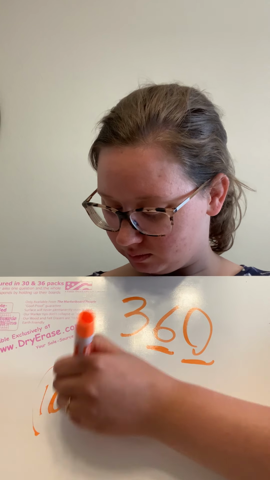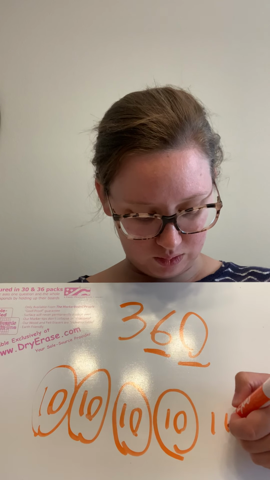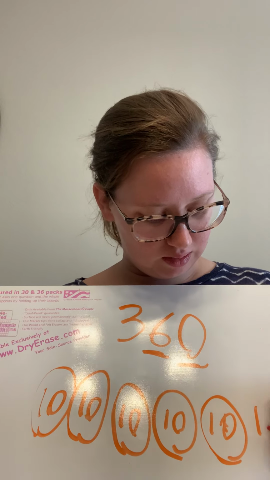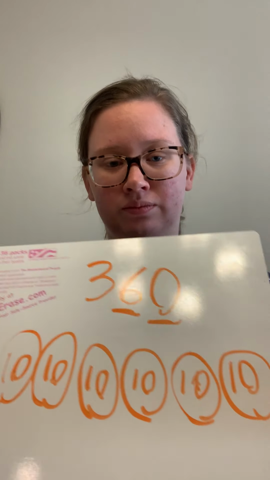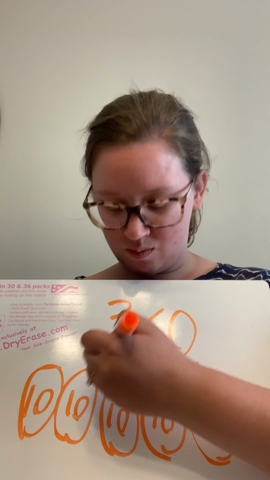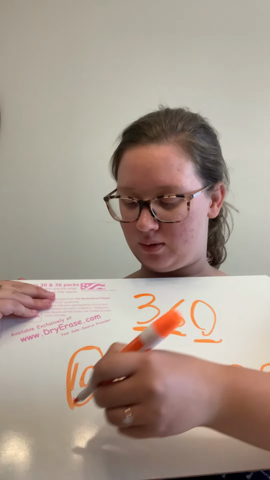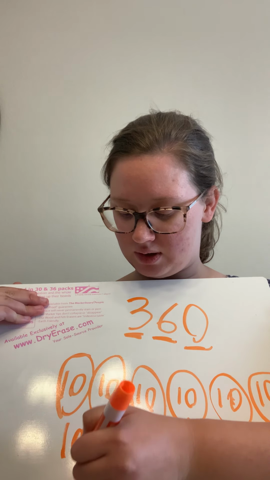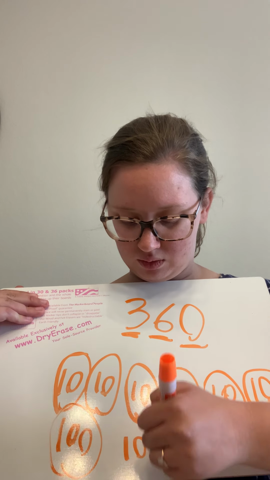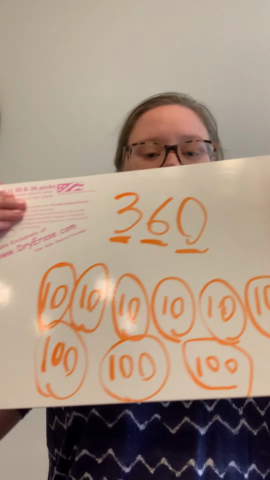So 10, 20, 30, 40, 50, and 60. There's my 60. Now I need to move on to my hundreds. How many hundreds do I need? 3. So I'm going to have 3 discs with 100 in them. 1, 2, and 3.